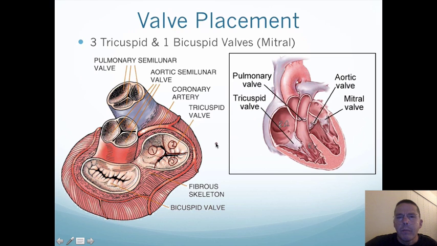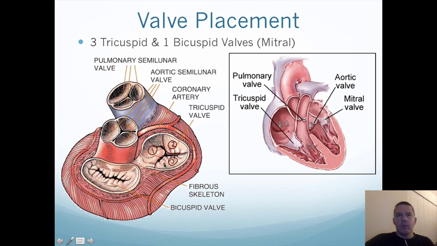Now, the reason that a valve is either tricuspid or bicuspid is based primarily on its function. What I mean by this is the more cusps a valve has, i.e. tricuspid over bicuspid, the more blood is going to be able to move through it, because a tricuspid valve compared to a bicuspid valve, as you can see right here, is able to open more to allow more blood to pass through.